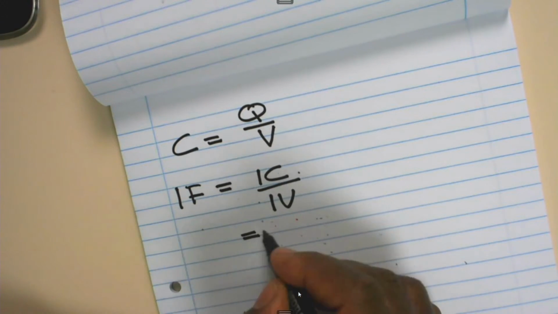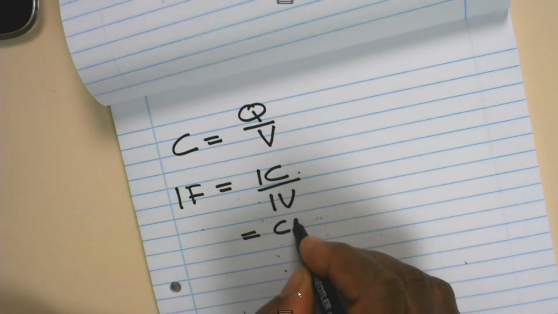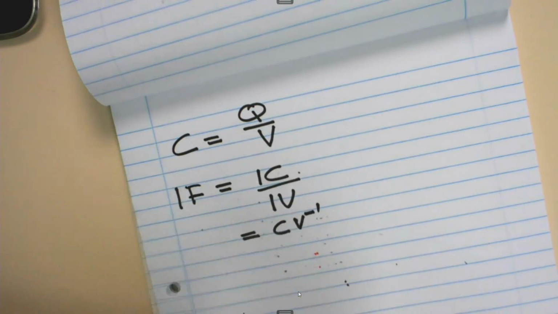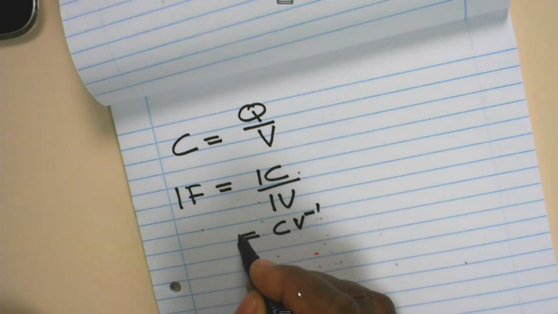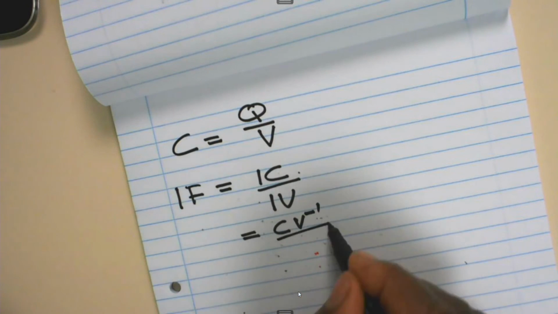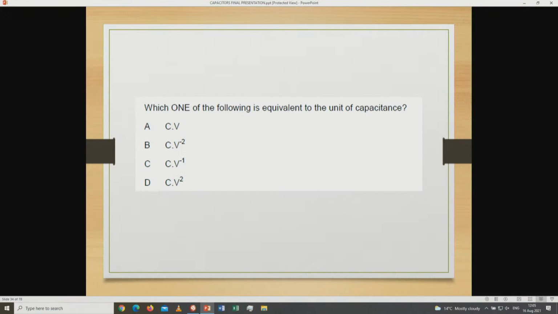These two will be equal to CV. This is the same as CV to power -1. Right. So it means now, can you see? Let us go back and check the possible answers. Which one of the following is the equivalent unit to Farad?